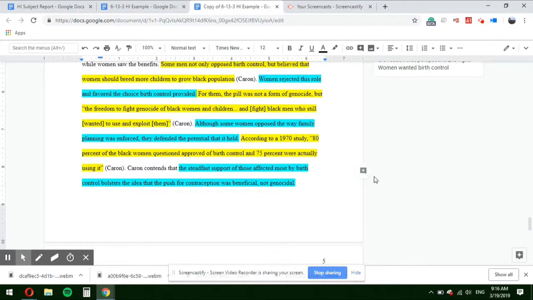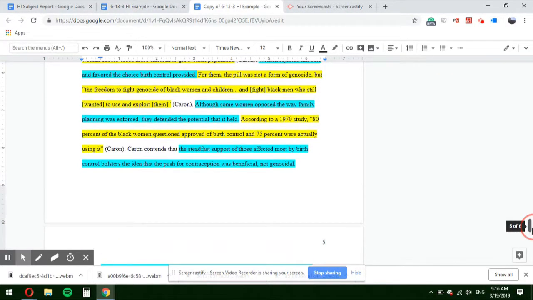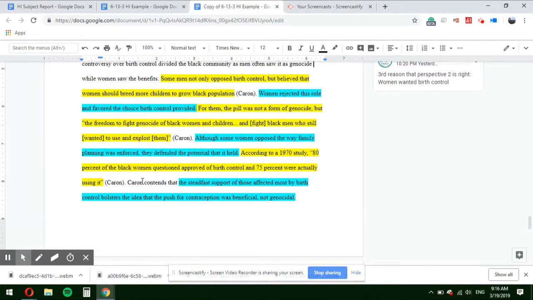And then further evidence, according to a 1970 study, 80% of the Black women questioned approved of birth control, and 75% were actually using it. And so through the analysis, the student explains how this expert contends that the steadfast support of those affected most by birth control bolsters the idea that the push for contraception was beneficial, not genocidal.